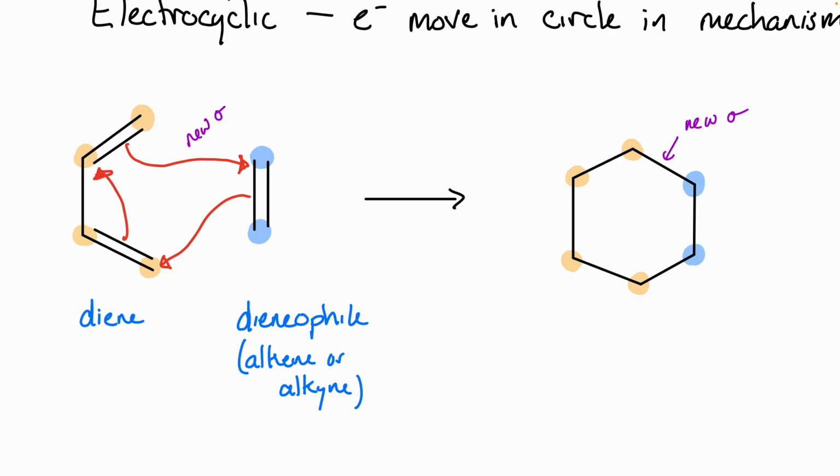Likewise, on the other side, here's another formation of a new sigma bond. All right, we got one more bond to put in here, and that's because of this arrow here. This was the movement of a pi bond. So now my pi bond has changed locations to be between carbons 2 and 3 of that conjugated diene.